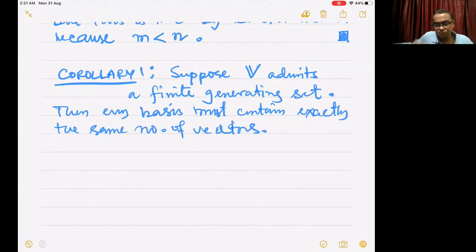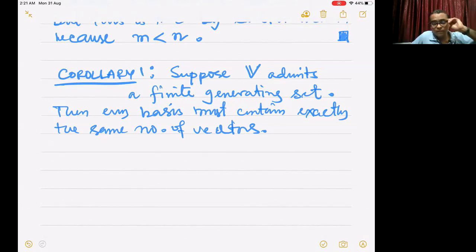I'll not do the proof. You think about it because this immediately follows from the theorem. This is there in the book, so you should read the book and know it more formally. But let me give you a sketch of the proof.